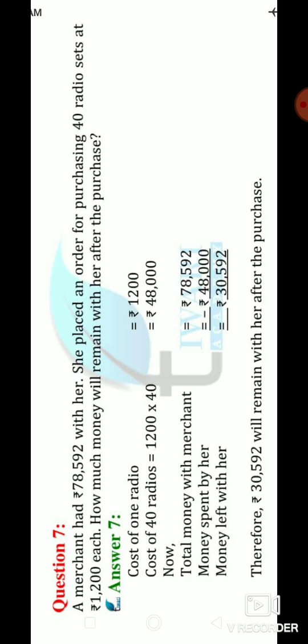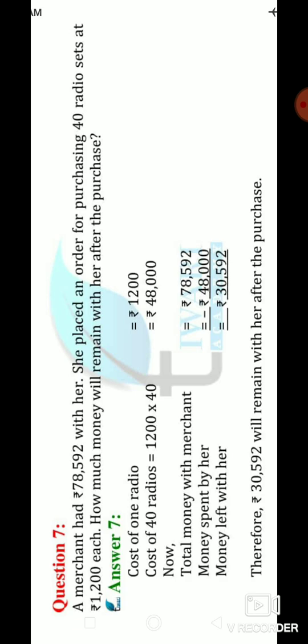Therefore 30,592. Therefore 30,592 rupees is the money left with her after the purchase of 40 radio sets.